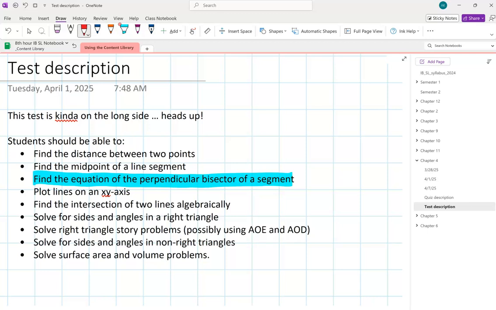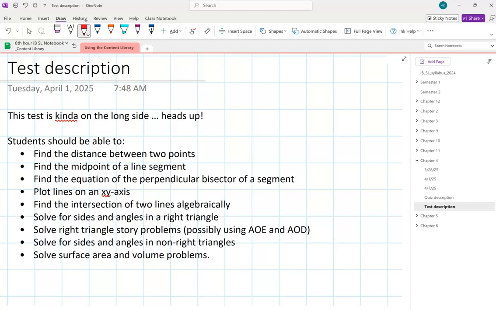Plug that answer into either of the two starting equations, and you're done. If they're in standard form, then maybe you do elimination instead. If you have one of each, I'd probably do substitution because you already have the y equals. Just plug that x stuff in for the y in the other one and be done with it. I'm sure that you guys can do this effectively.